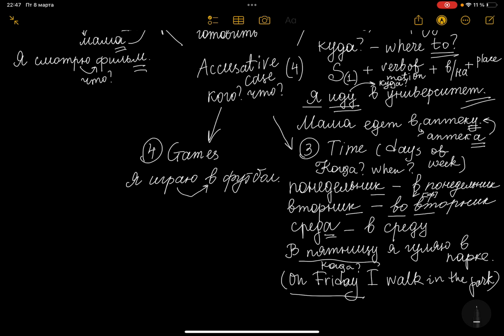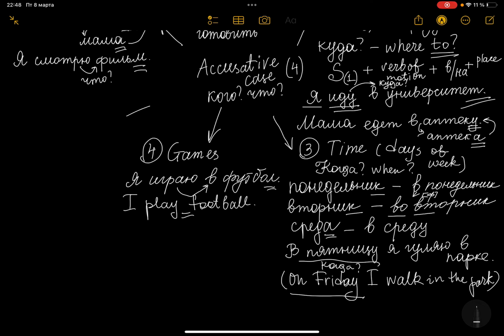What game I play? Or what game you play? В football. In English, we say I play football. We don't use any preposition, but in Russian language, we need to use preposition в. It's like in football. And football is masculine and inanimated, that's why we don't change it.